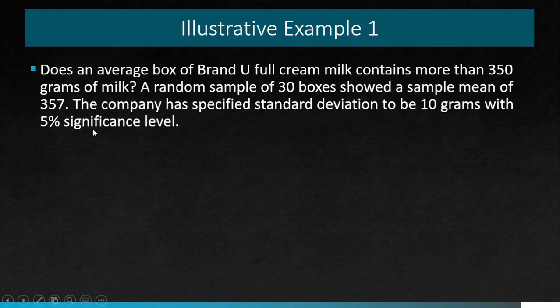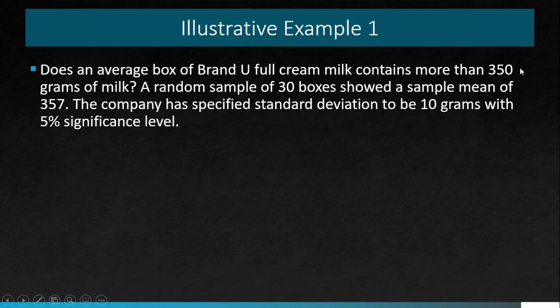With all of the given, our problem here is that we are trying to establish whether an average box of brand new full cream milk contains more than the expected, which is 350 grams of milk. Why? Because again, based on the sample, the average is more than what's expected.